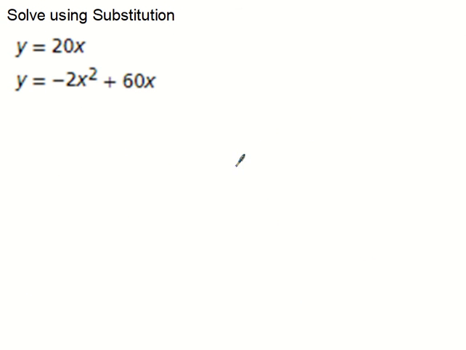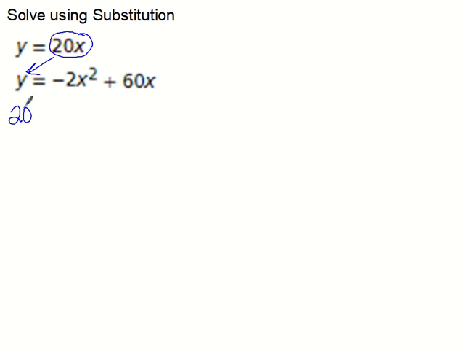All right, so we can also solve by substitution. Remember, that was one of our methods for systems. We had graphing, which we already did, elimination, which we already did, and then we can substitute as well. Now, for substitution, we take this, and see how it says y equals 20x? We'll see how it says y here. If y equals 20x, I can make this y 20x.